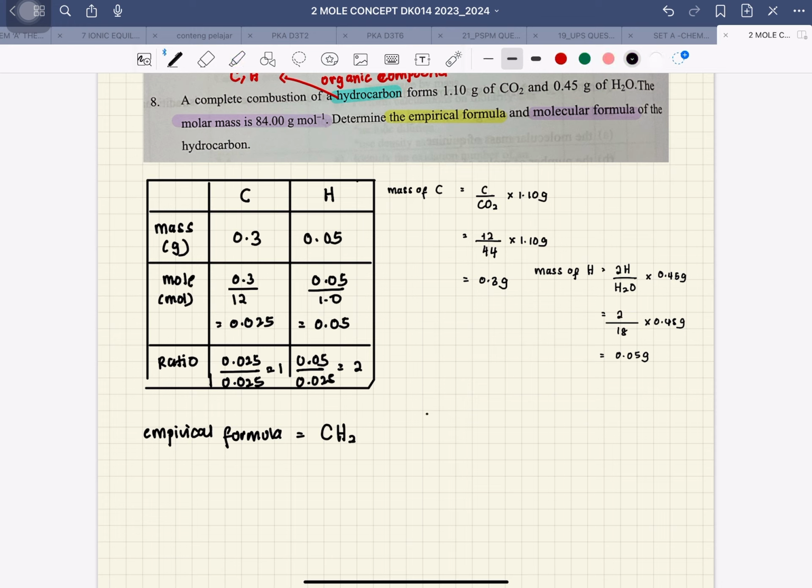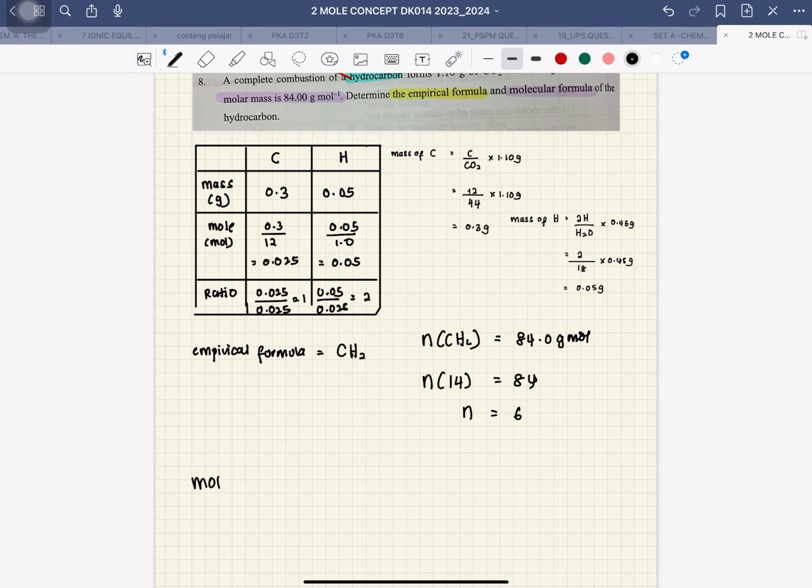We assume that it is N, which we don't know how much is the N, times the CH2 empirical formula, equivalent to 84 gram per mole. So this N, CH2, if we calculate 12 plus 2 is 14, equals 84. So N is equivalent to 6.